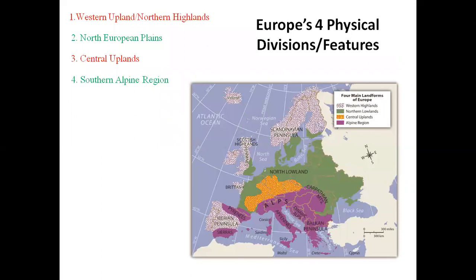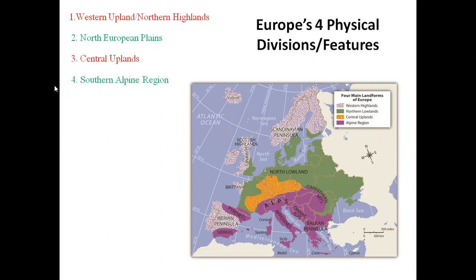So next, at the end, I will just introduce the physical divisions or physical features of the European continent. In a broader sense, we can divide the physical features of Europe into four divisions.